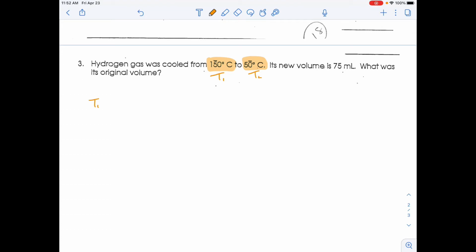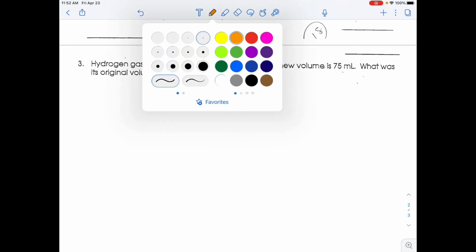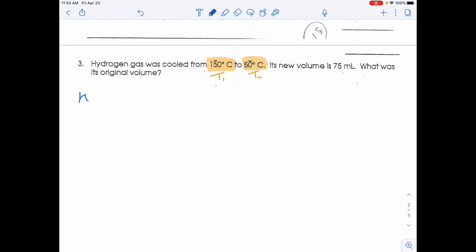Temperature 1 is 150 degrees C. I need that in Kelvin. And we need to realize that Kelvin is equal to Celsius plus 273. So we have to convert.